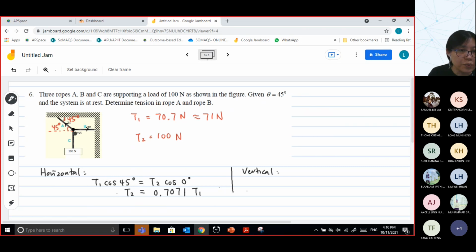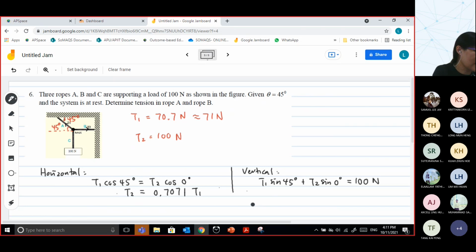For vertical, we have T1 sine 45 plus T2 sine 0, which is a 0, equals to the load of 100 Newton. So no more T2 already, sine 0 is a 0.